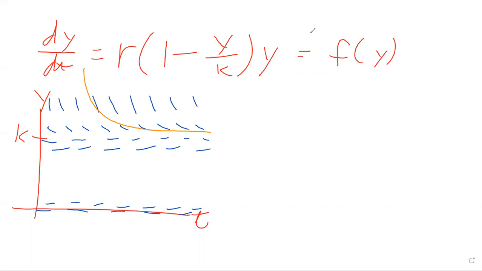If we pick numbers that are more in the middle, around k over 2, they are going to be steeper values. And then we could fill this in for a whole bunch more y values. But then again, you still get the general idea. So you can draw these graphs just from the equation.